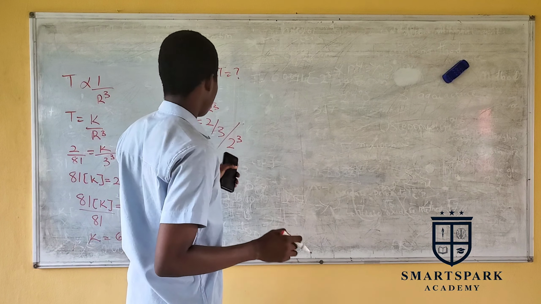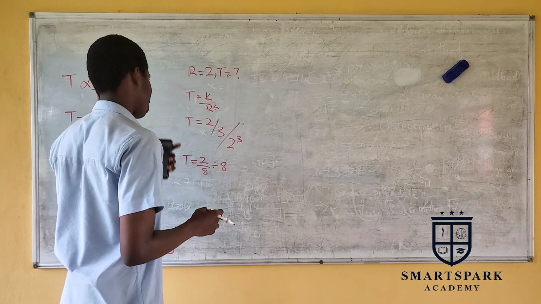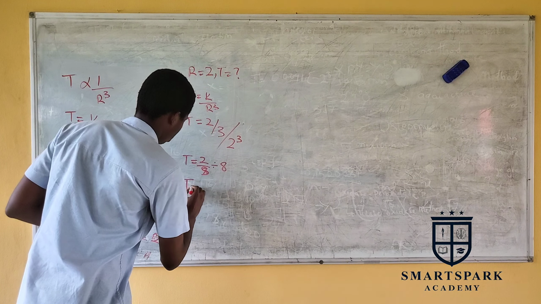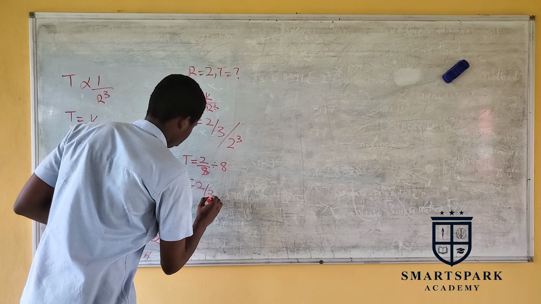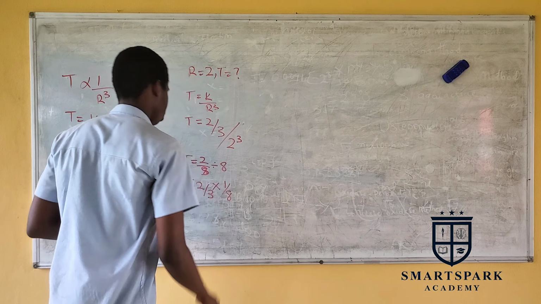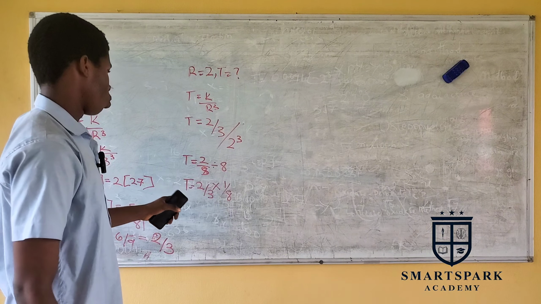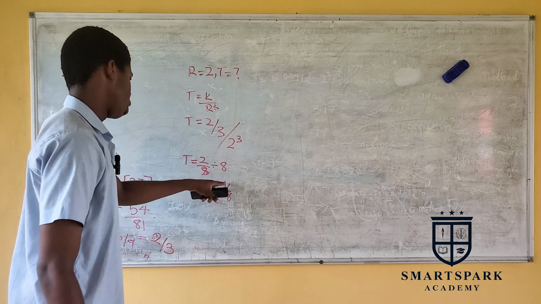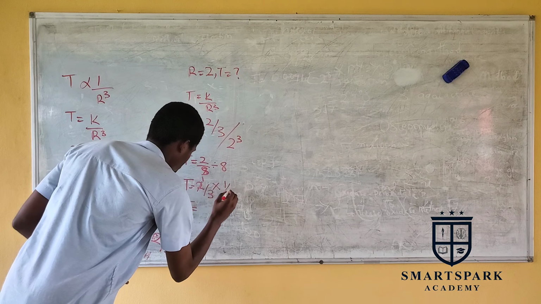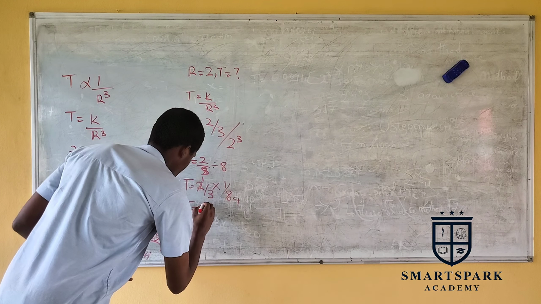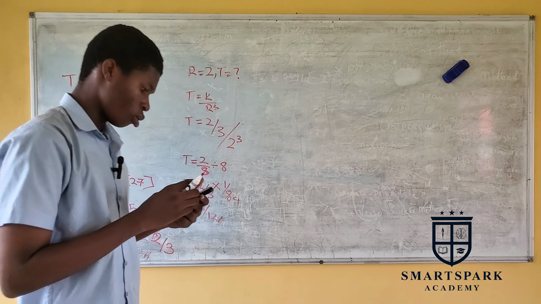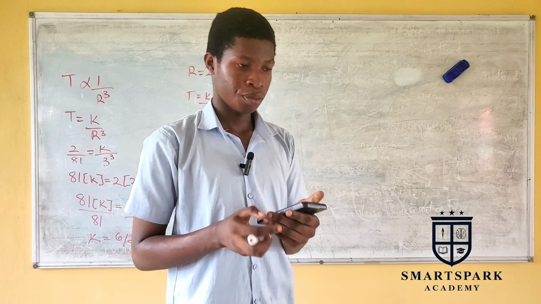Once we have this, we are going to invert it, which is t equals 2 over 3 times 1 over 8. So this 2 goes into this: 2 over 2 is 1, and 8 over 2 is 4. Which makes t equal to 1 over 12. So that is the answer for question 15.